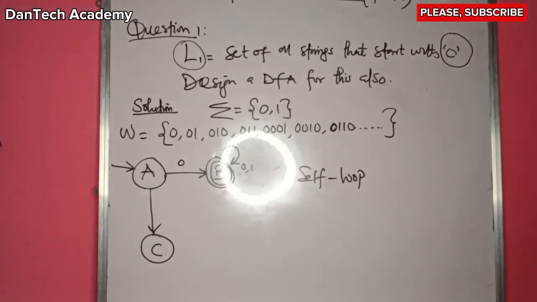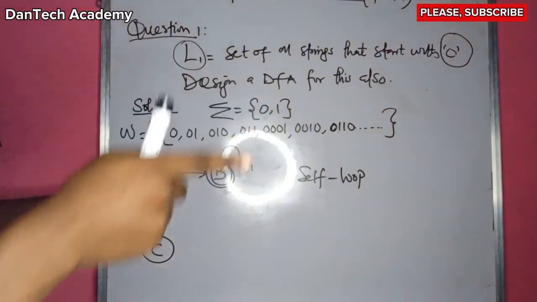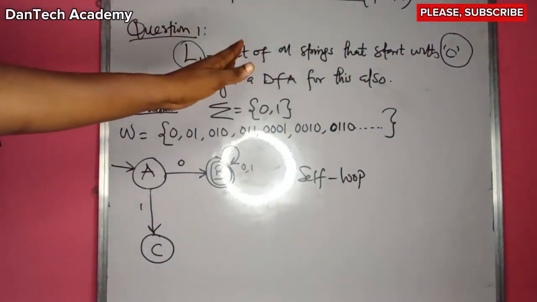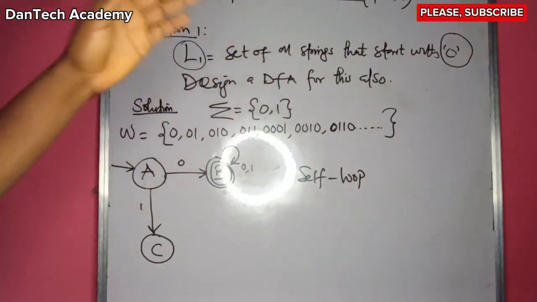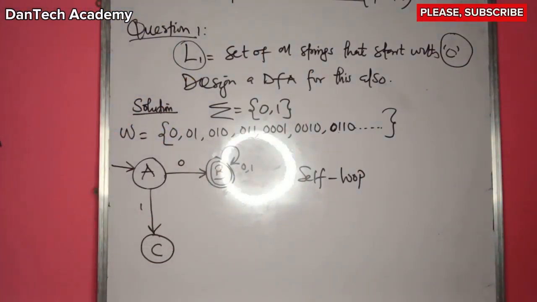We just have to indicate and tell them that from this start state, I have input of 0, sorry. It took me to the next state, which is B, and I've gotten to the final state, accepted. Now, what happens if I have input of 1?